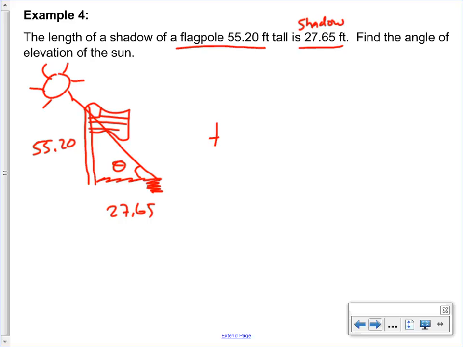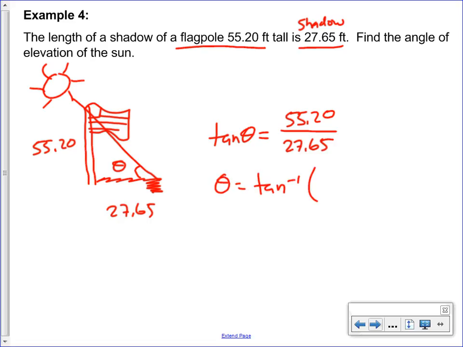So again, we have tangent is equal to opposite over the adjacent, like so. So to solve for theta, just take the inverse tan. And that'll give you about 63.39 degrees.